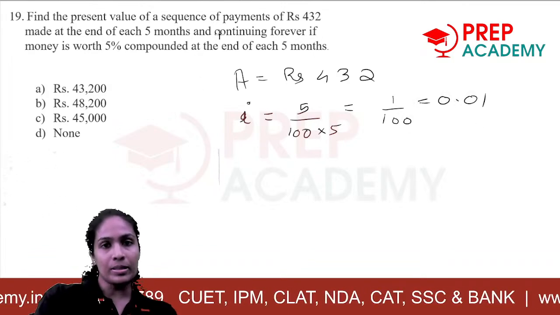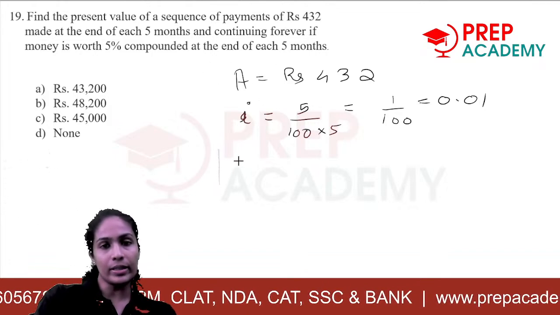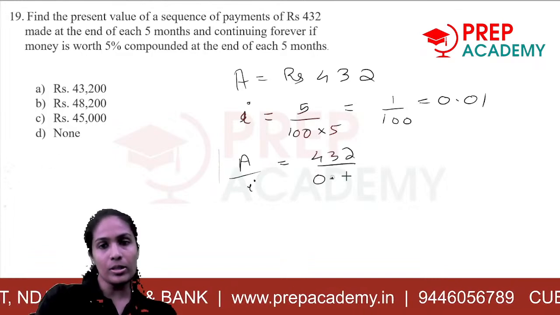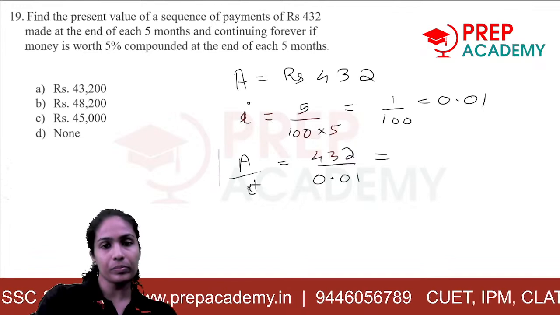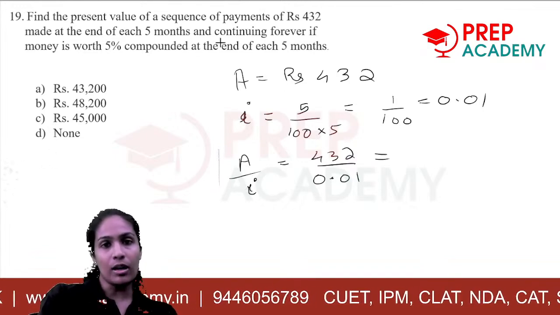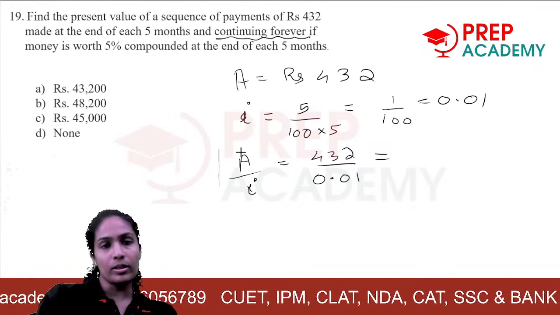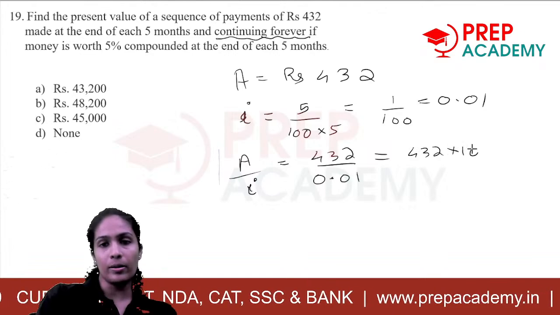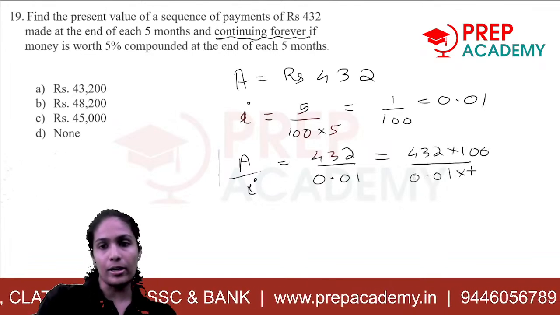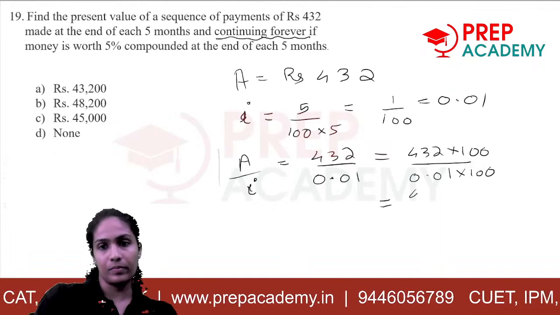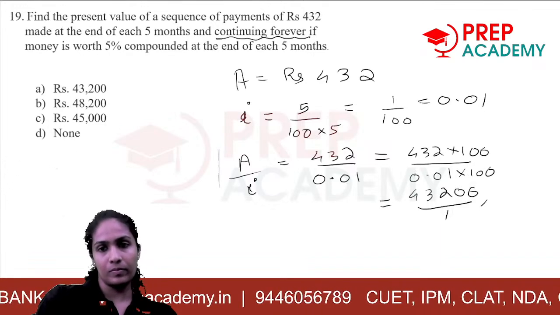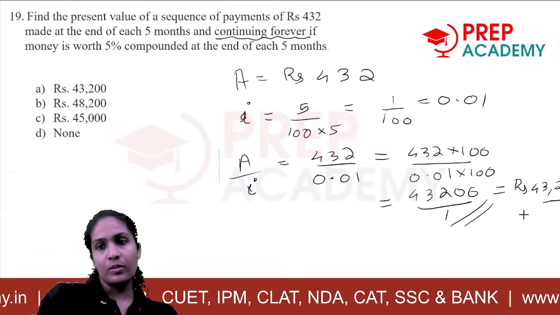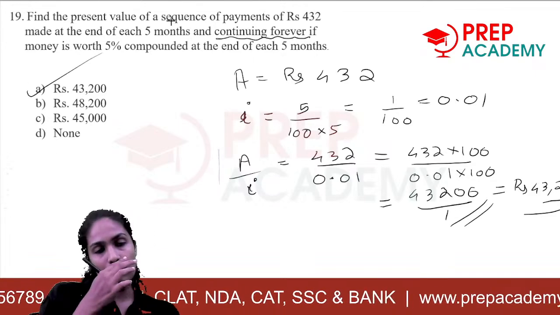So to find the present value of the sequence, divide the amount by the interest. That is rupees 432 by 0.01, which is equal to 432 into 100 by 0.01 into 100. The correct answer is option A, rupees 43,200.